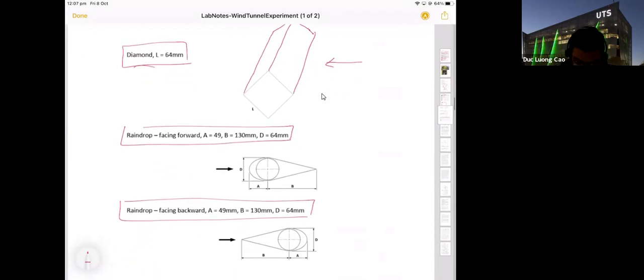Raindrop facing forward. Airflow in this way, and raindrop facing backward. The length of the object is 228 millimeters, the same length as the cylinder in part A. 5 objects.